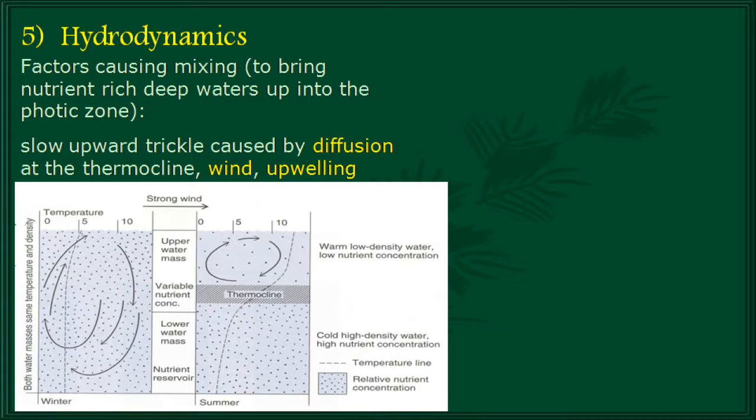However, at this point, there's less nutrients, and now the nutrients are in the colder, denser waters at the bottom. But if there's enough wind, there's still some mixing that can go on, not just diffusion that's increasing in a small manner the nutrient concentration at the surface.